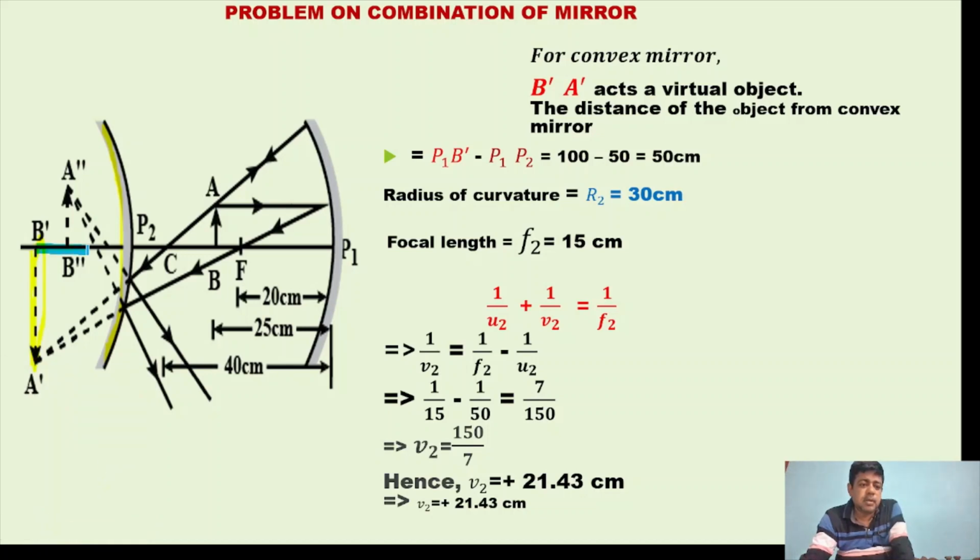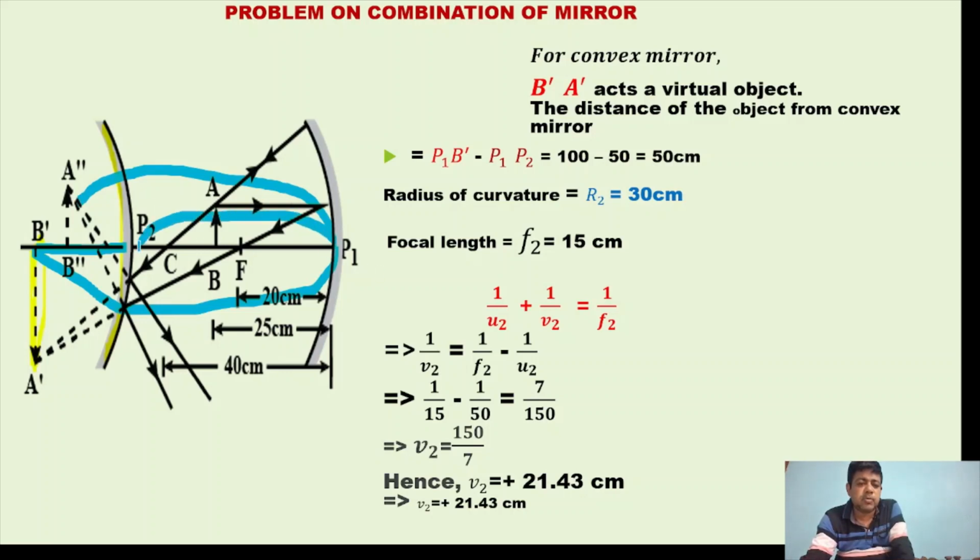This distance of the object from the convex mirror is P1 B dash minus P1 P2.